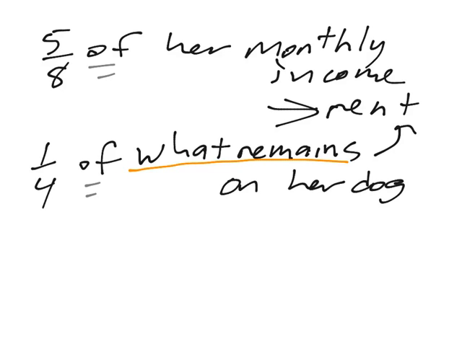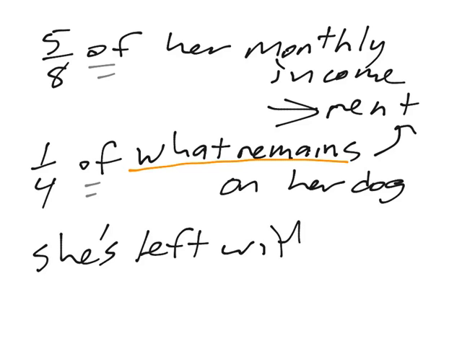So the rest of the problem says that after she's spent 5/8 of her monthly income for rent, and then 1/4 of what remains on her dog, she's left with $180. So the question is, what's her monthly income?